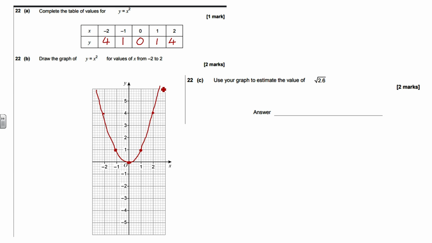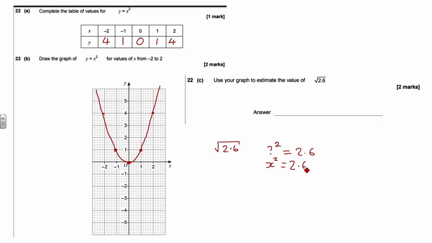So how can I use my graph to estimate the value of the square root of 2.6? So the square root of 2.6 is basically saying what number, when I square it, is 2.6. So if we compare that, we can see that we've got x squared wants to output 2.6, basically.